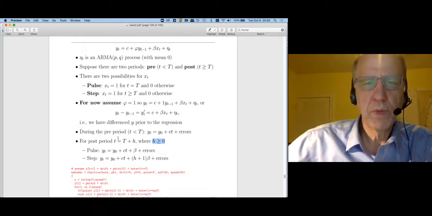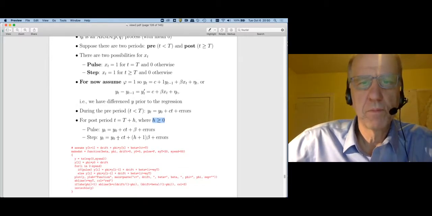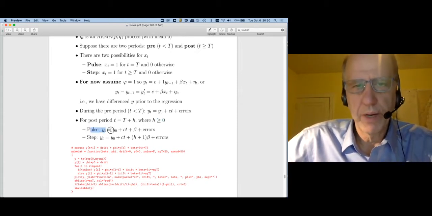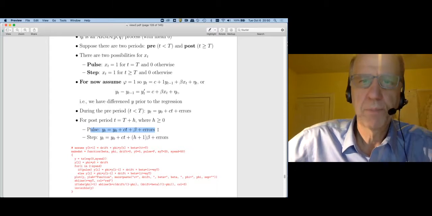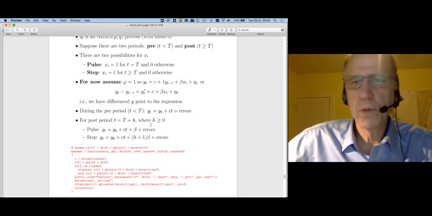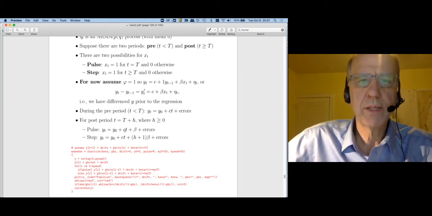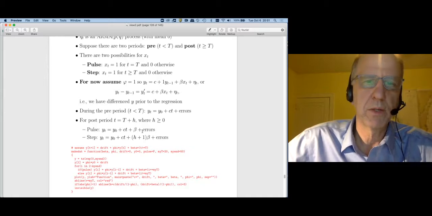Then we can think about what the line looks like. For the pulse model, where you get a shot of advertising this period and then it goes back down, you can work out that this is simply going to be y naught plus ct plus beta plus some errors.